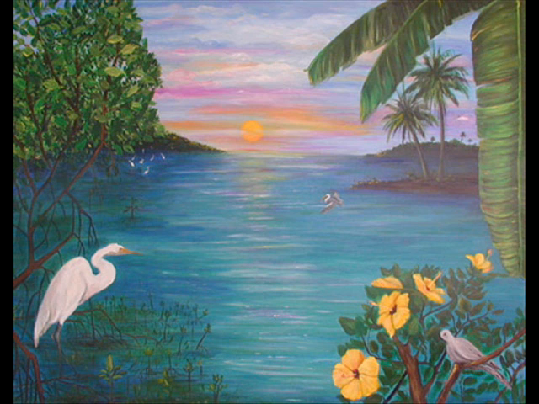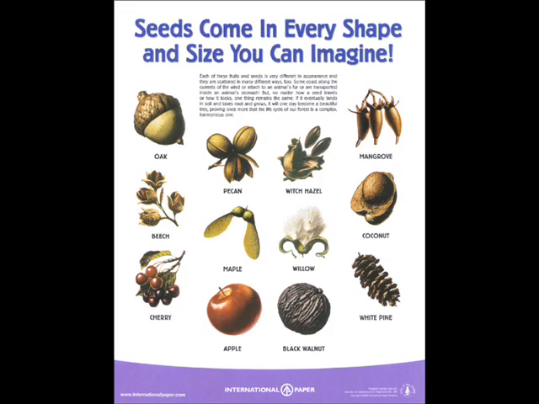And God said, "Let the earth bring forth grass, the herb yielding seed, and the fruit tree yielding fruit after his kind, whose seed is in itself upon the earth." And it was so. And the earth brought forth grass and herb yielding seed after his kind, and the tree yielding fruit, whose seed was in itself after his kind. And God saw that it was good, and the evening and the morning were the third day.